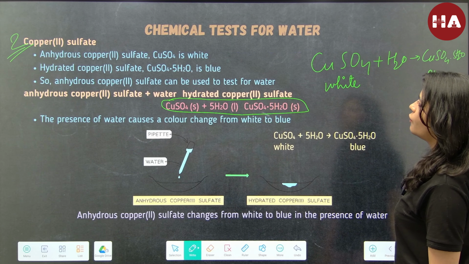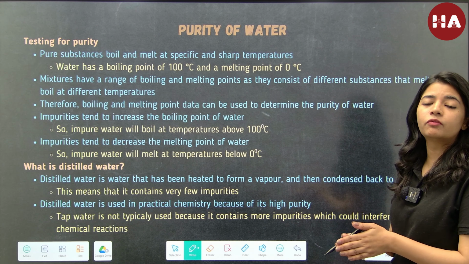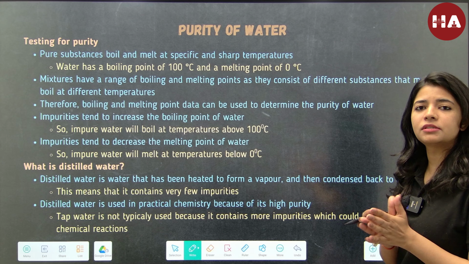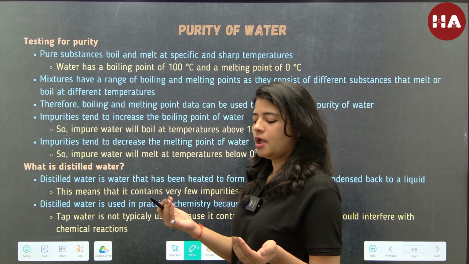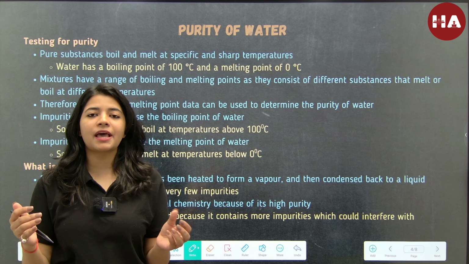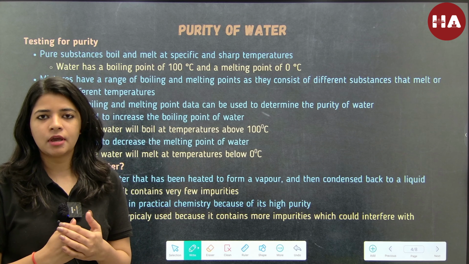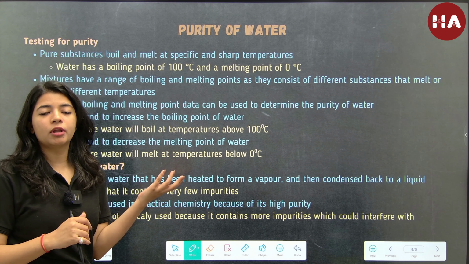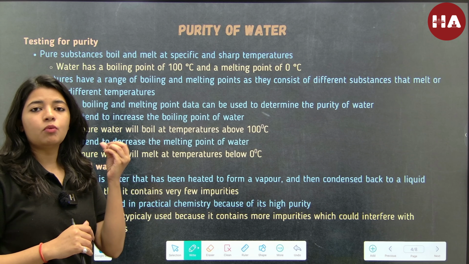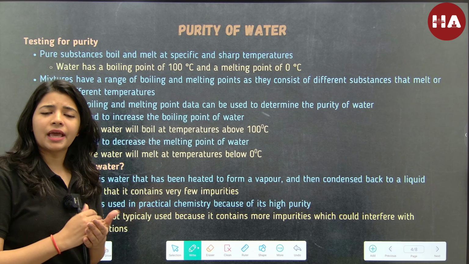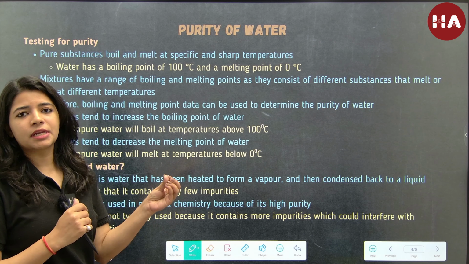Next, let's move on to the purity of water. How do we check if the water sample which we have is pure or not? All the pure substances have a sharp and exact accurate value of their melting and boiling point. So when we check their melting and boiling point and they come out accurately as what is written in the data, then we can say that those substances are pure.